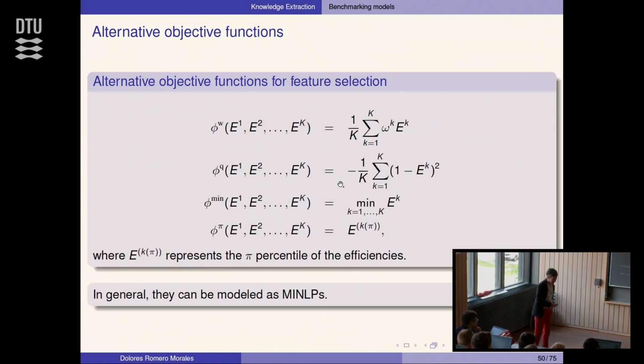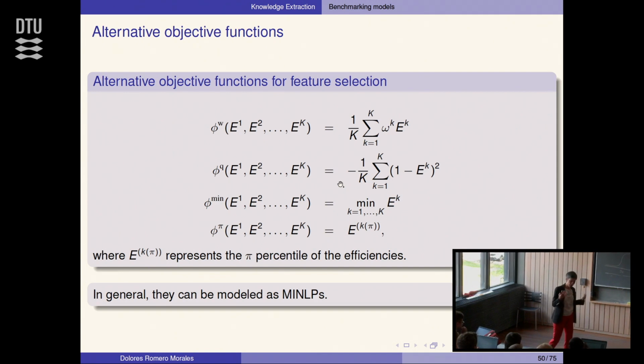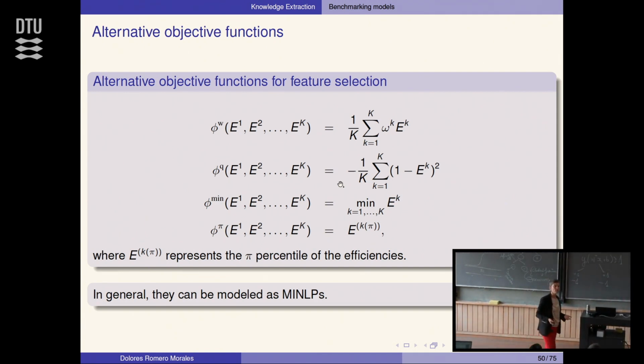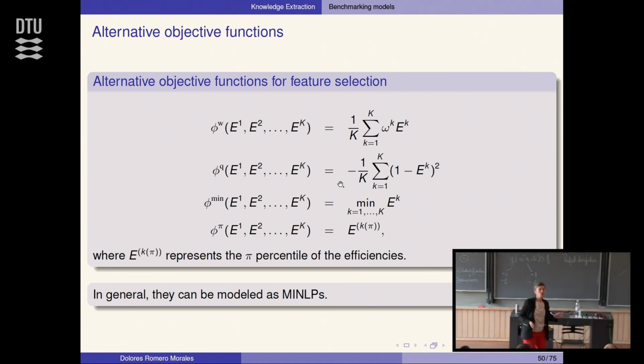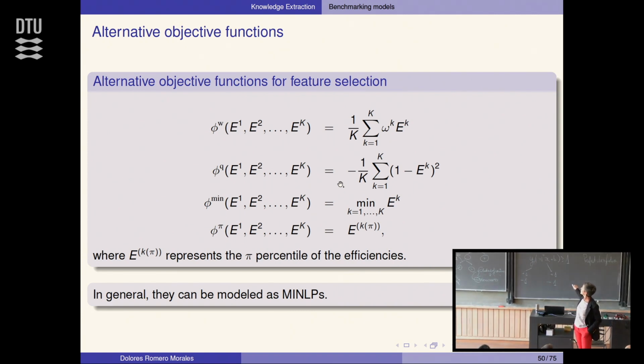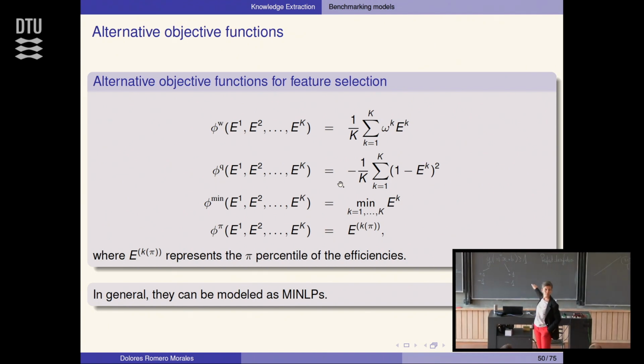Now, because we are taking an optimization point of view, you can accommodate other objective functions. So instead of looking at, on average, what is our efficiency, you could look at giving weights, if you like, but also look at how far you are from efficiency, and then try to optimize that.